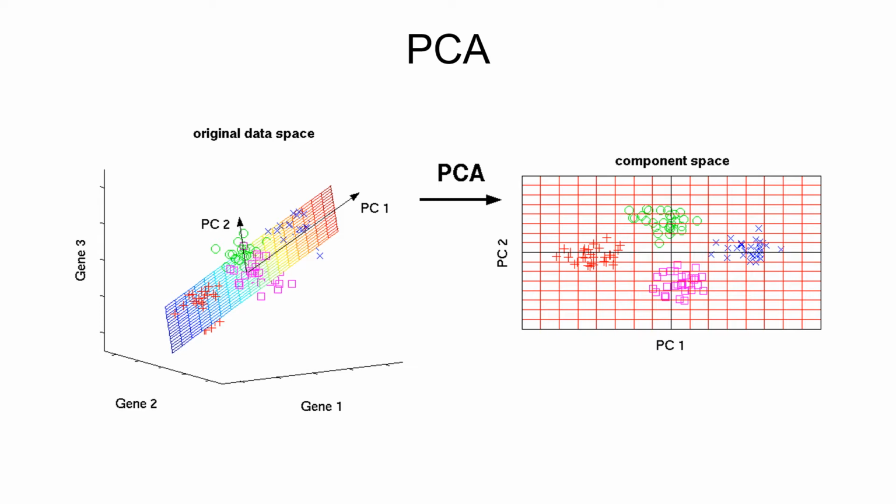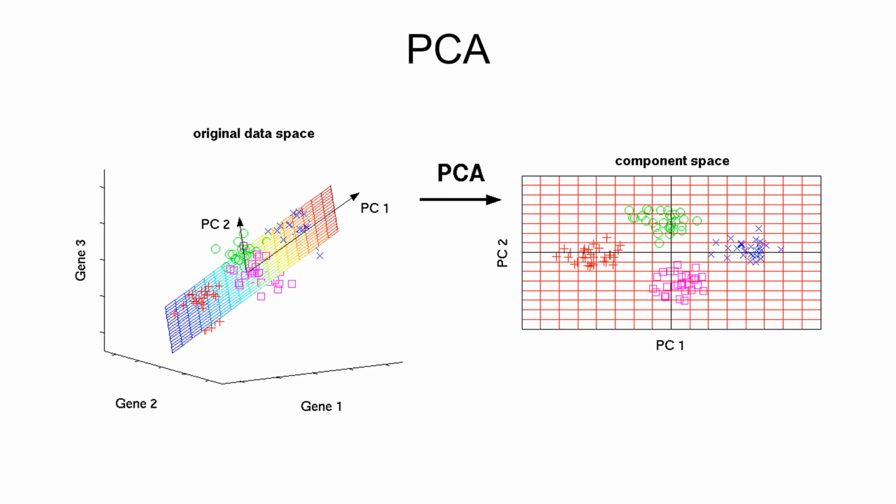As there are as many principal components as there are variables in the data, principal components are constructed in such a way that the first principal component typically has a large part of the variance in the data set.